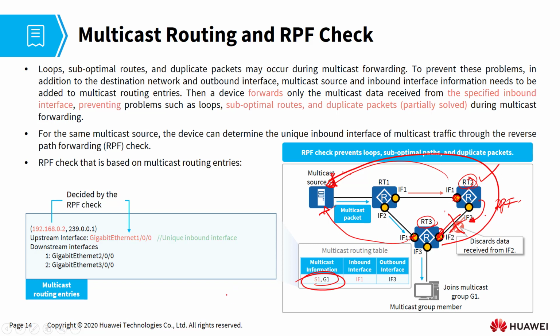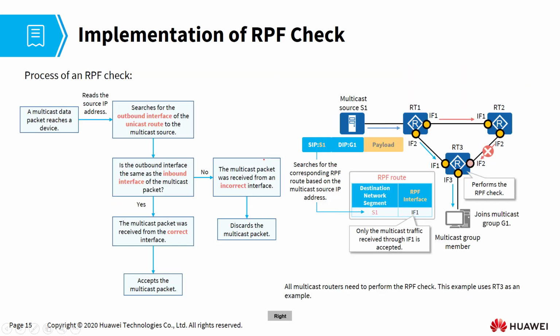But how exactly does this router implement a reverse path forwarding check? Let us talk about that for a moment. What is involved in the reverse path forwarding check? Well, multicast data packet reaches a device like a router. The router reads the source IP address of the multicast packet, which is now the multicast source IP address.